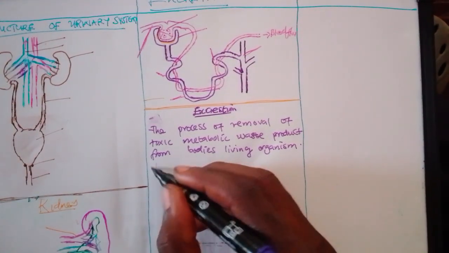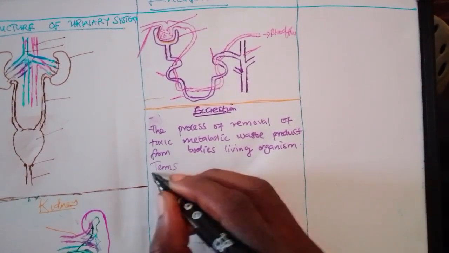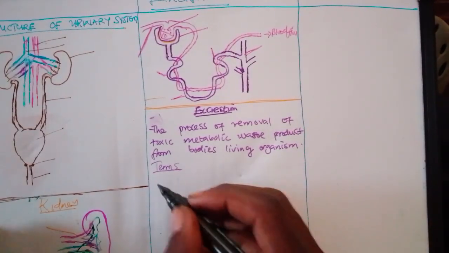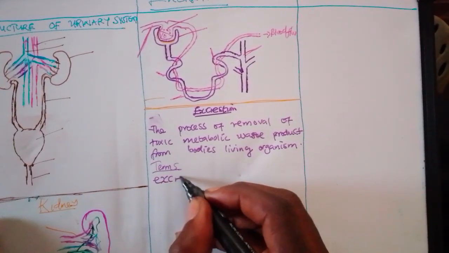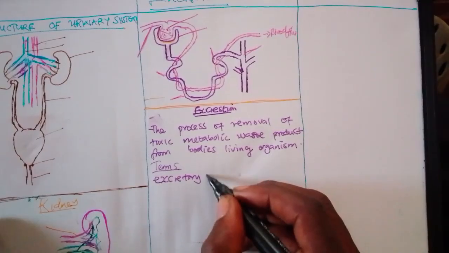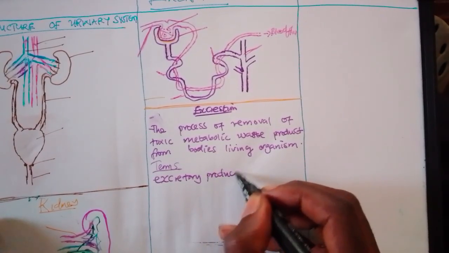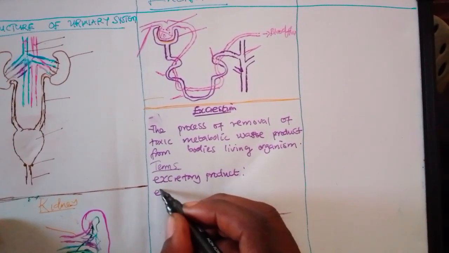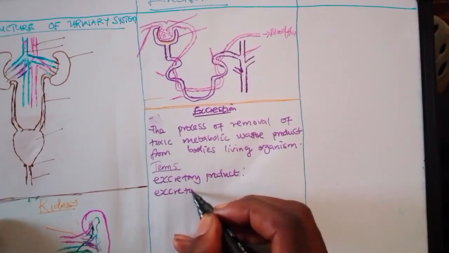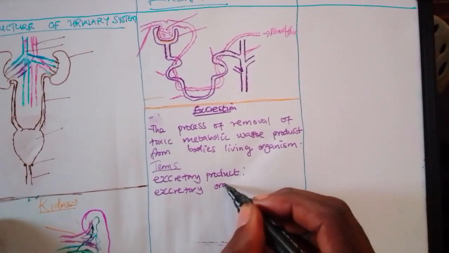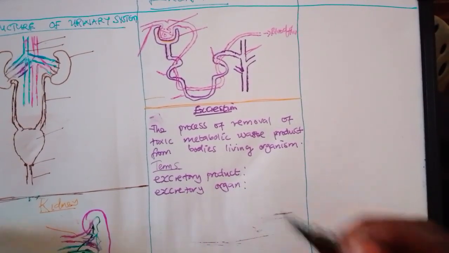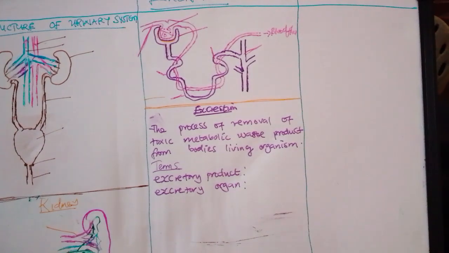The first term is excretory product, so what are the excretory products? And the second one is the excretory organ. Yeah, so these are the two terms which you need to know and understand.